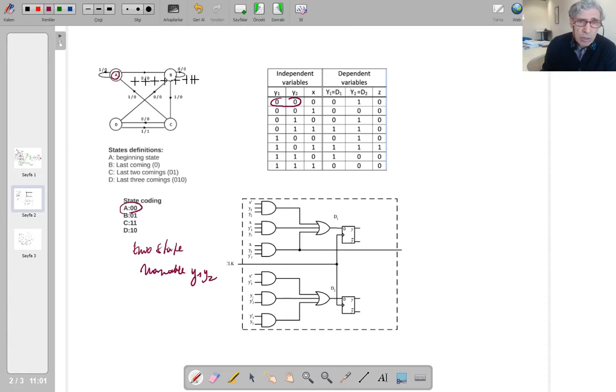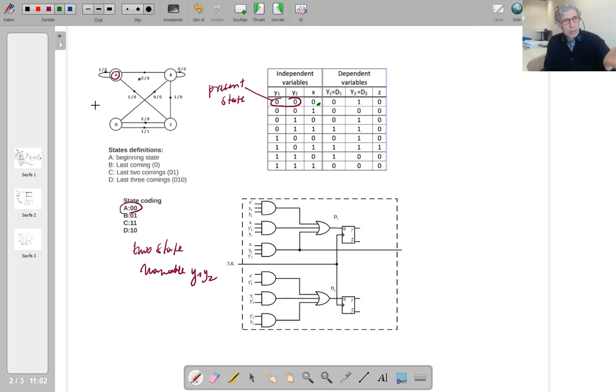So this is your present state. My input is 0. Put it in a different color. My input is this.